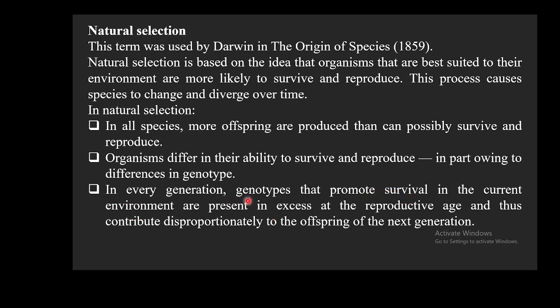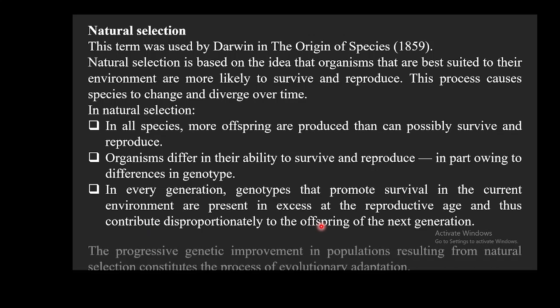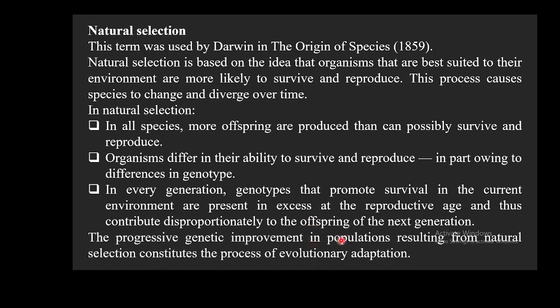So in every generation, genotypes that promote survival in the current environment are present in excess at the reproductive age, and thus contribute disproportionately to the offspring of the next generation. There is progressive genetic improvement in the population, because if there is evolution, there is definitely improvement in the genetic material of the population, and that will result from natural selection, because nature will select the genotype which is more fit.